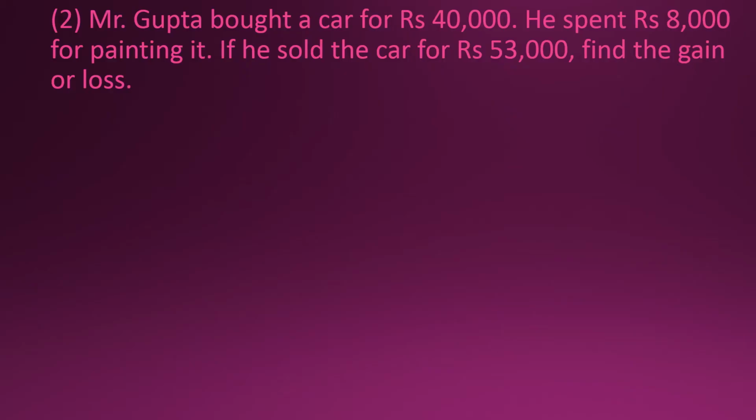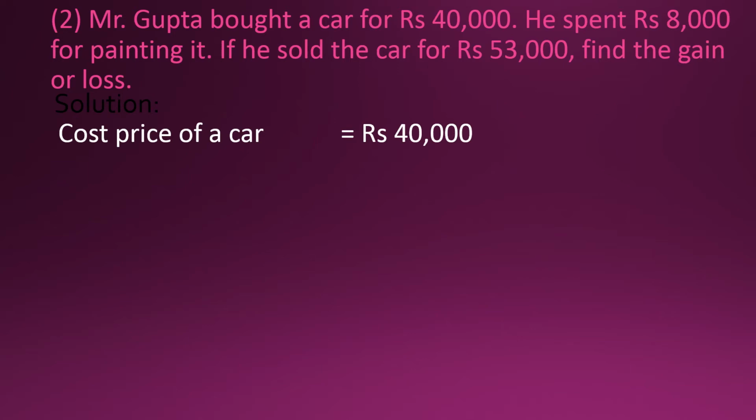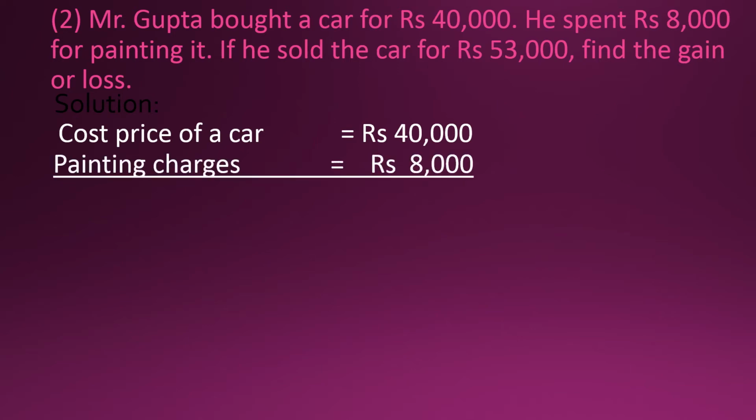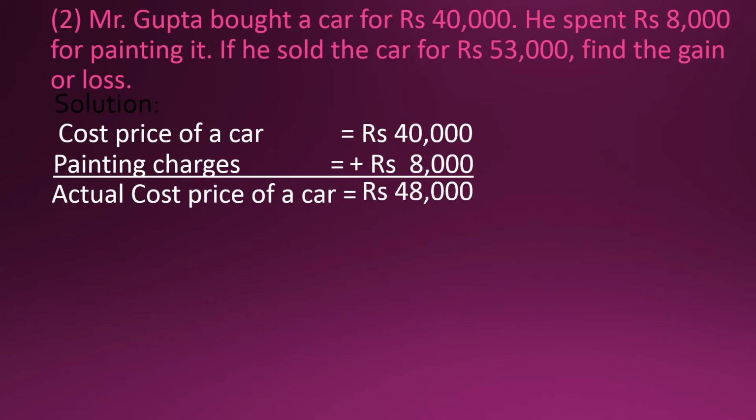Let us solve one more question. Question number 2. Mr. Gupta bought a car for rupees 40,000. He spent rupees 8,000 for painting it. If he sold the car for rupees 53,000, find the gain or loss. See, in this question, cost price of the car is rupees 40,000 and painting charges is rupees 8,000. So actual cost price of the car is rupees 40,000 plus rupees 8,000, which is equal to rupees 48,000.